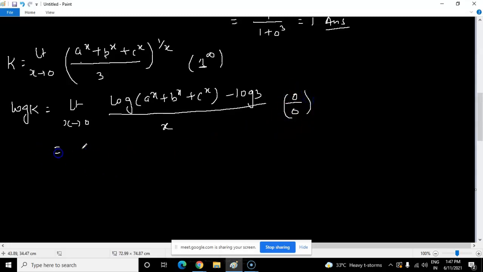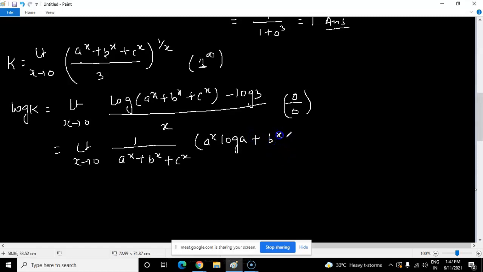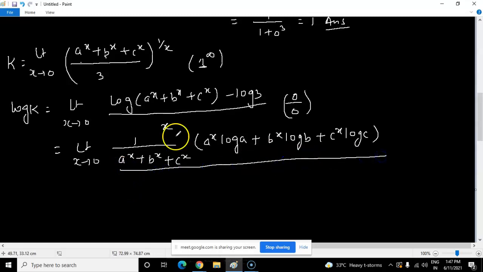Now we can apply L'Hospital's rule. The differentiation of log of anything is 1 by that thing, so 1 by (a^x + b^x + c^x), and inside, the differentiation of a^x is a^x log a, plus b^x log b, plus c^x log c. The differentiation of log 3 is 0, since it is a constant, and the differentiation of x is 1.